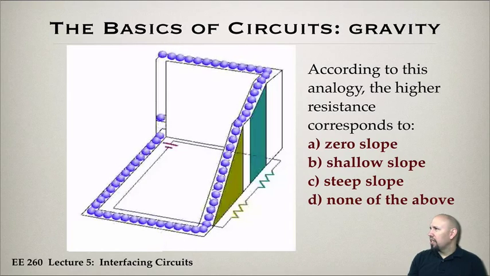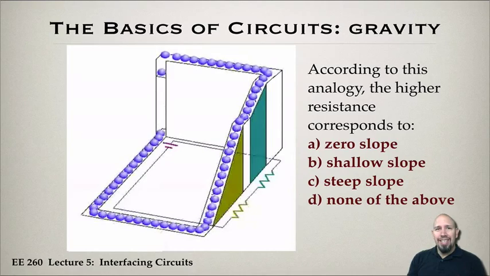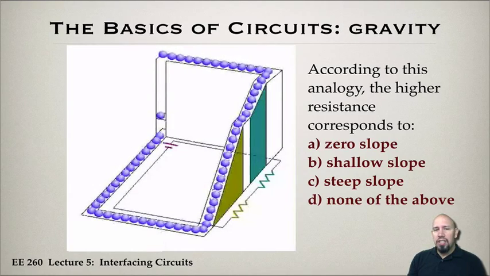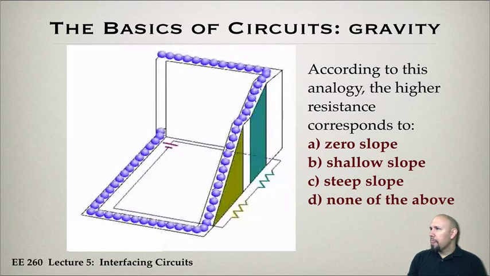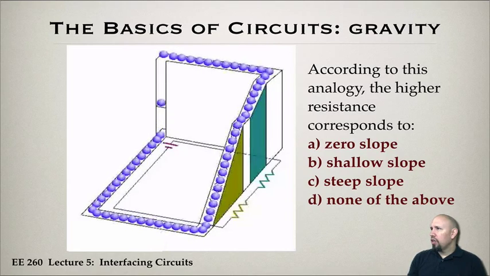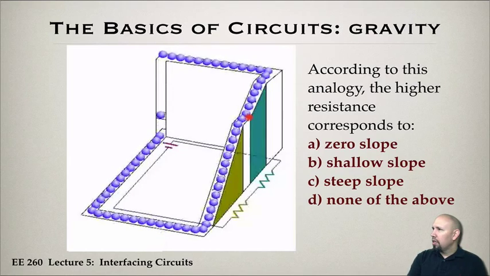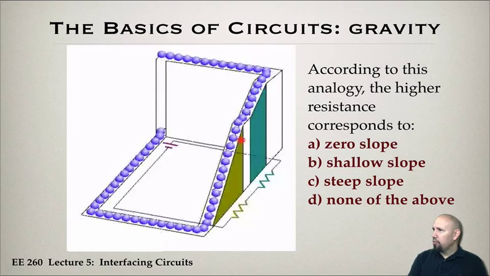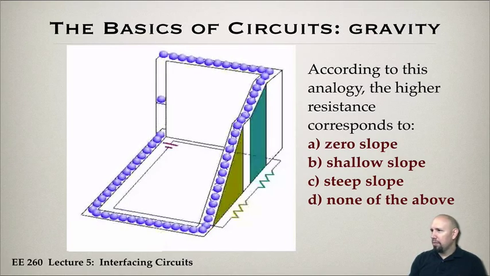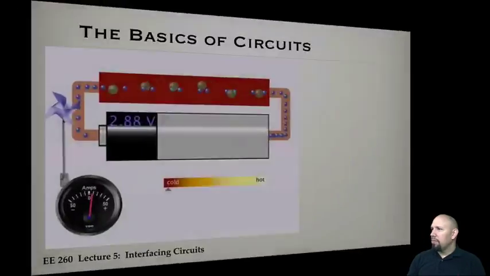Okay, so according to this analogy, here's a quiz. So again, resistance is what resists the flow of electricity. So that means something with a shallower slope with bumps is going to resist more than a steep slope with bumps. Okay, so with the same kinds of bumps.